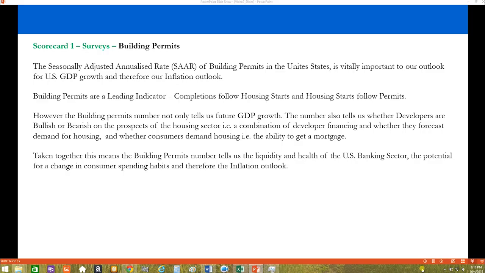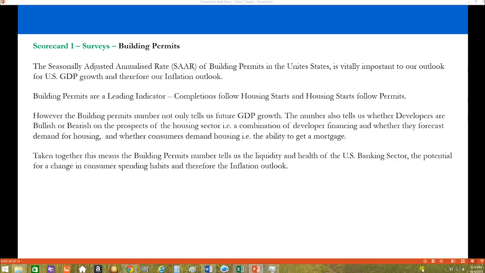So taken all together, this means that basically the building permits number is giving you an insight into the health of money itself. So if you remember, we talked about the money supply and the fractional reserve banking system, the reserve ratio requirement, and new loans in the banking sector.